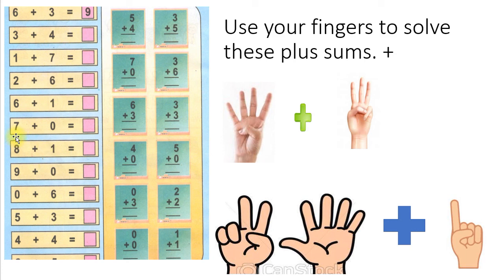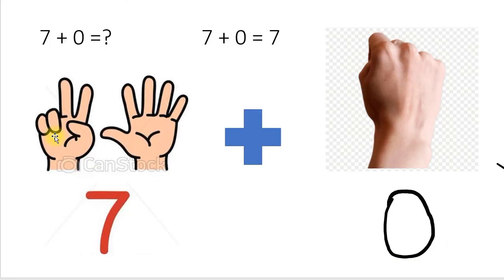Okay, look at this sum. 7 plus 0. Do you remember, children, what 0 stands for? 0 means nothing. How do we solve these sums? Here you have 7 fingers. 1, 2, 3, 4, 5, 6, 7 fingers.